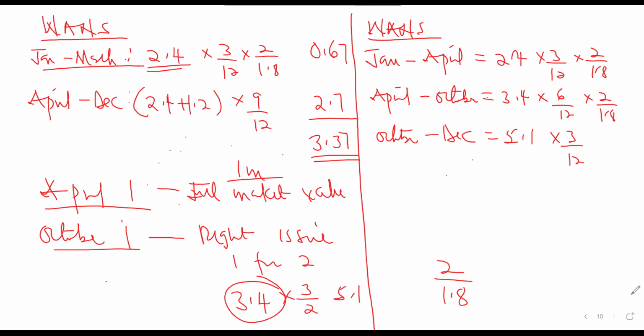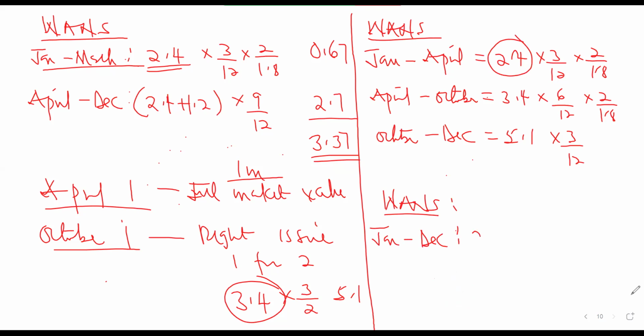So this is how you are going to do it. You can see that it's somehow complicated in your eyes. But if we look at the one that we spoke about the first time, this is what we are going to be doing. Very simple. You look for January to December. You find the right issue on each of the shares one by one. These shares will be there for a full year.